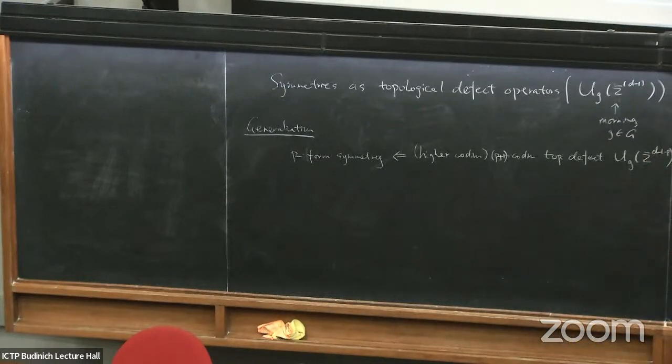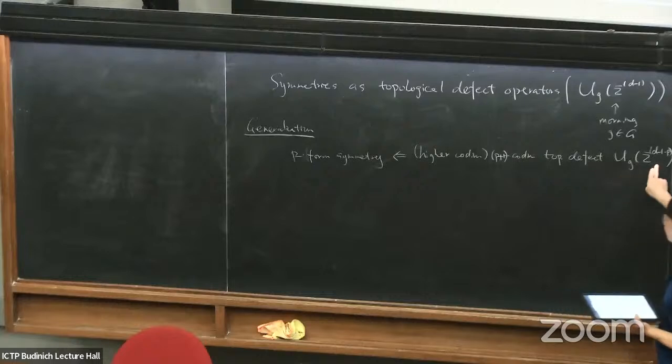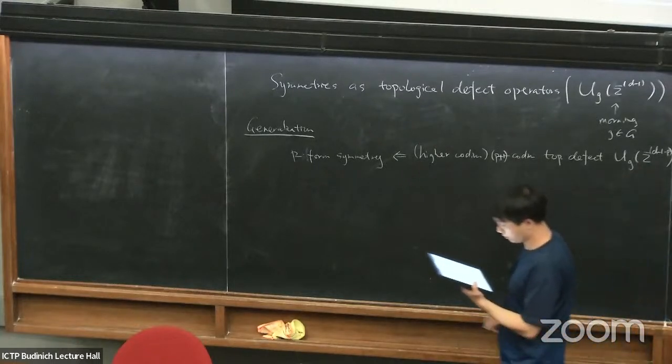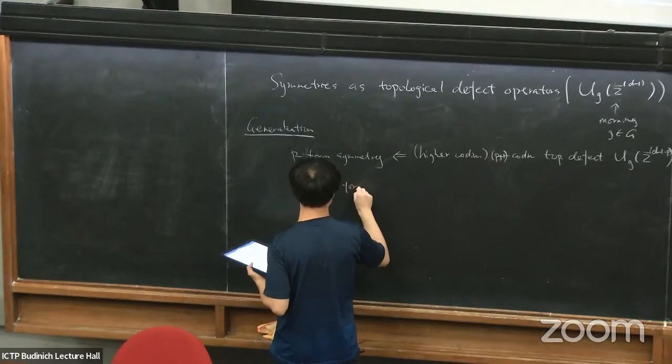So instead of defining a topological defect on a codimension 1 manifold, in general, you can have a topological defect defined on a higher codimension manifold, and they generate a p-form symmetry, and the p enters into codimension in this way.